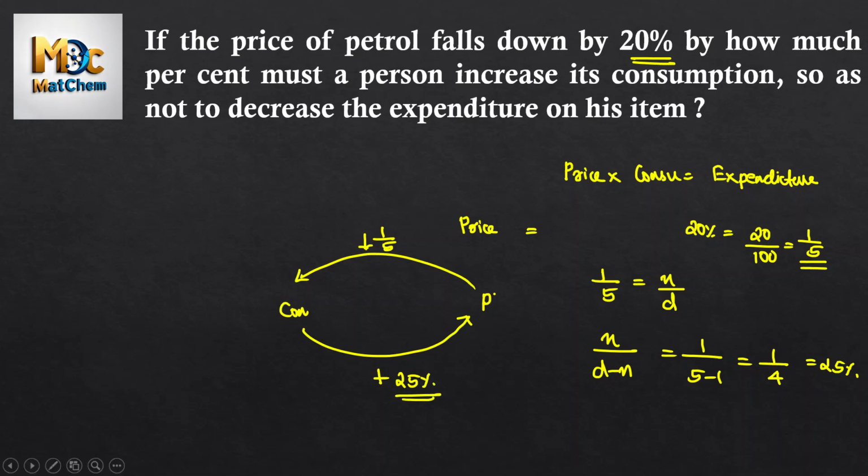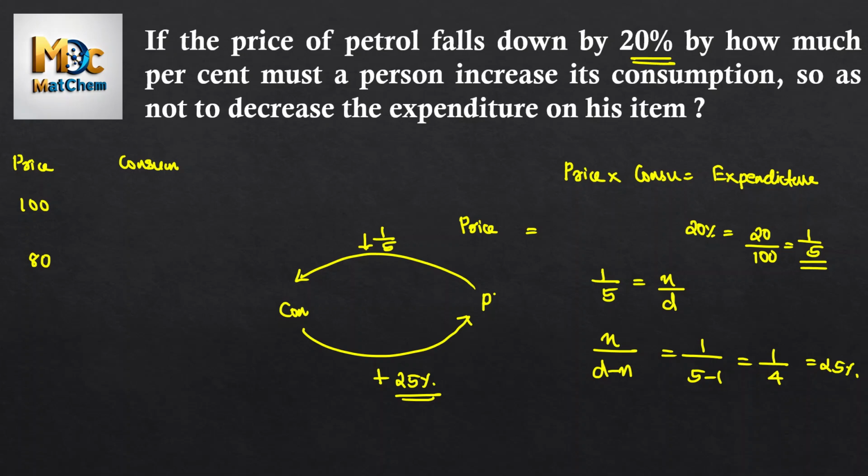You might have a doubt how it will work. It's a very simple proposition. For example, assume that the price is 100 rupees initially. It is decreased by 20%, so it becomes 80.